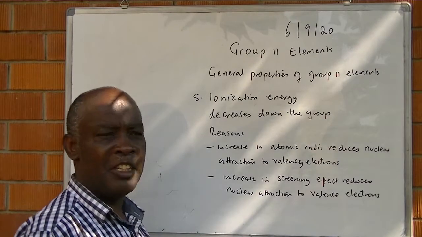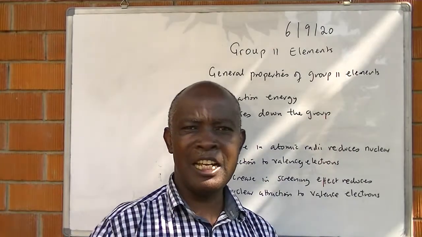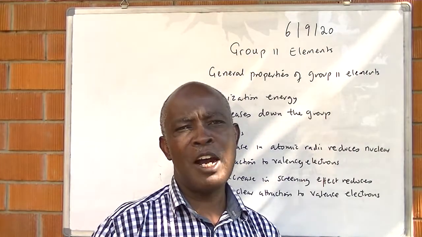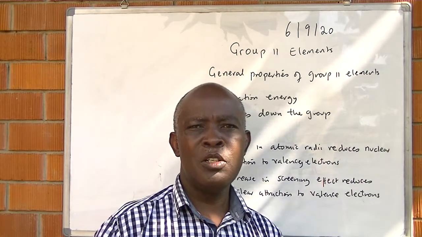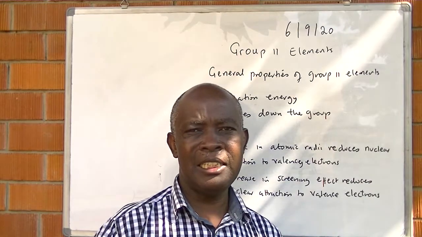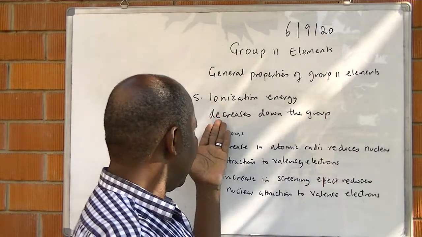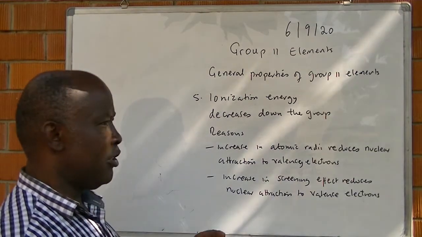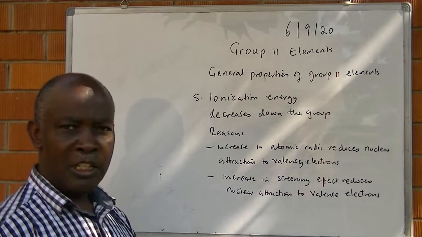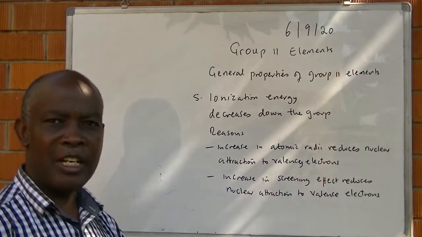Five, ionization energy. Ionization energy is the energy required to remove an electron from gaseous atom to form gaseous ions. Ionization energy decreases down the group, and the reason is increase in atomic radii reduces the nuclear attraction to the valence electron.